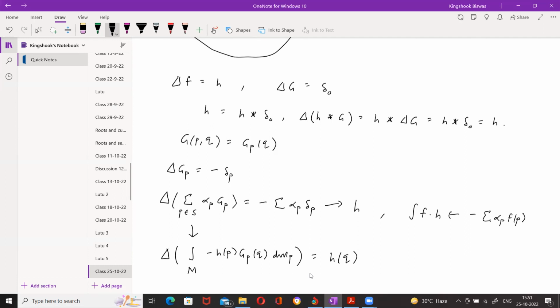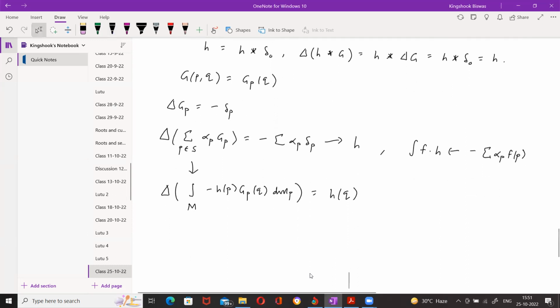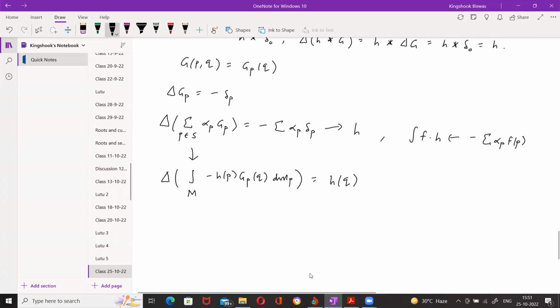So you'll get this solution as an integral operator. This is just a formal computation I'm doing here, but you can justify this. Does this make sense? Yeah, this is your solution.